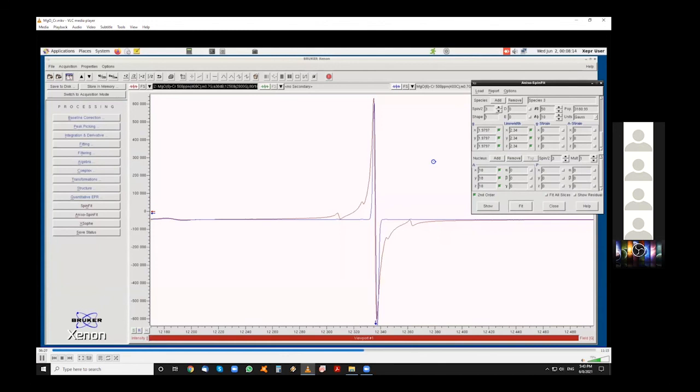And after we press the fit button, we have to wait.